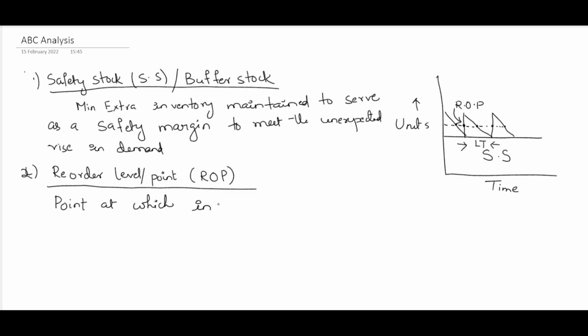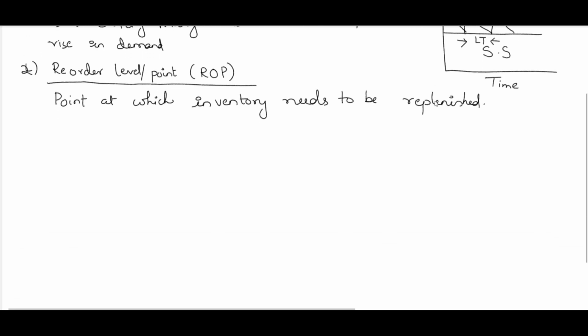As I've already said, it is a point at which inventory needs to be replenished in order to continue the business, and it is abbreviated as ROP, reorder level or reorder point.